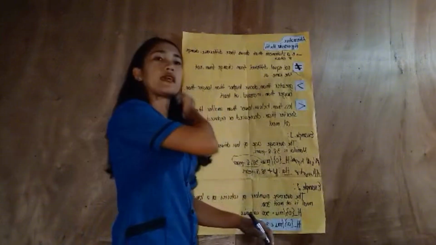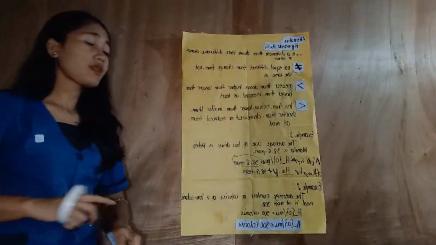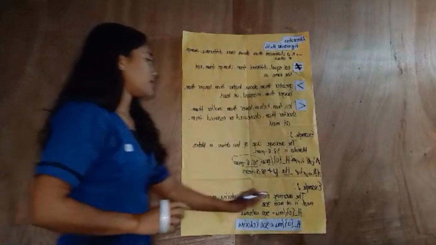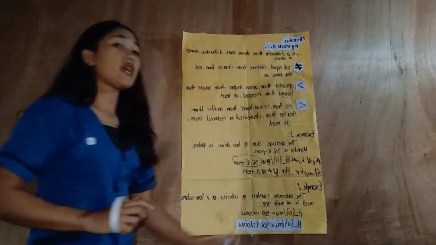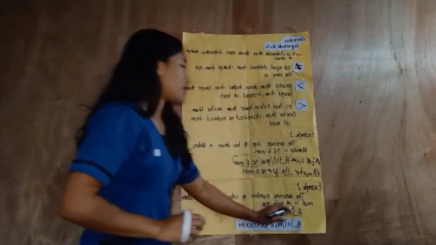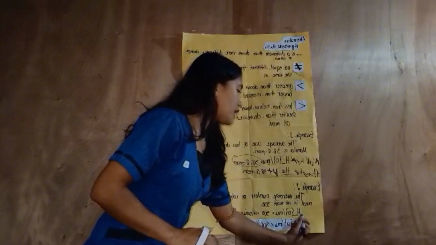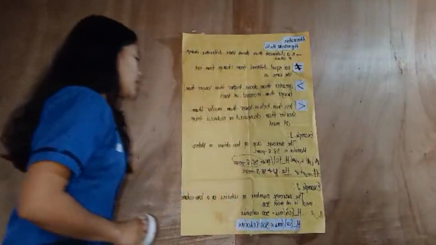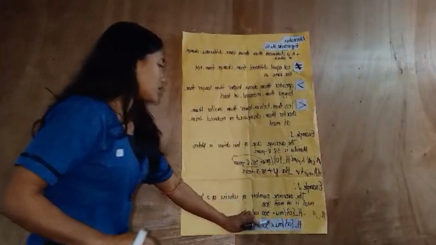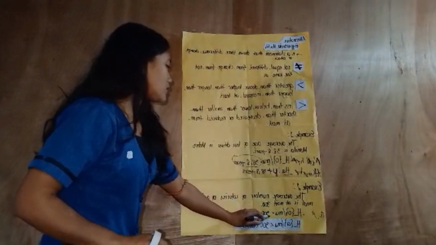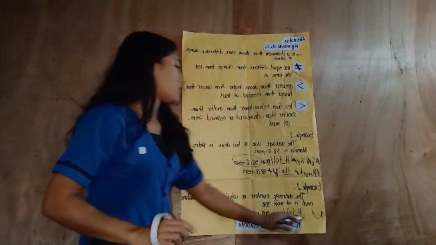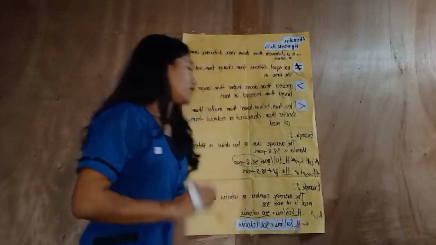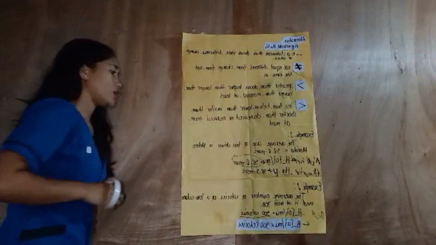Now example number 2. The average number of calories of a low-calorie meal is at most 300. So this is the null hypothesis: mu equals 300 calories. How do we turn it into the alternative hypothesis?